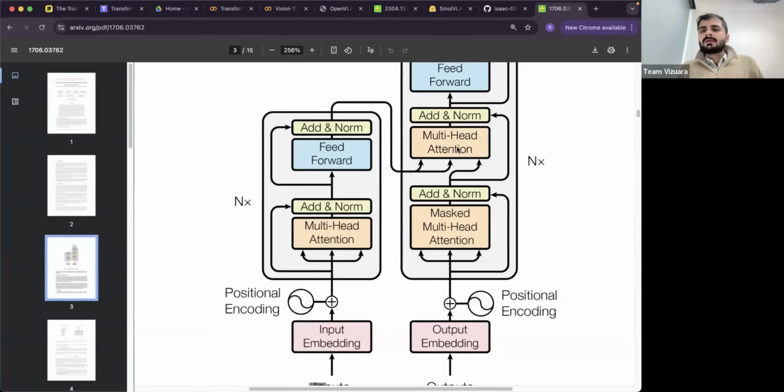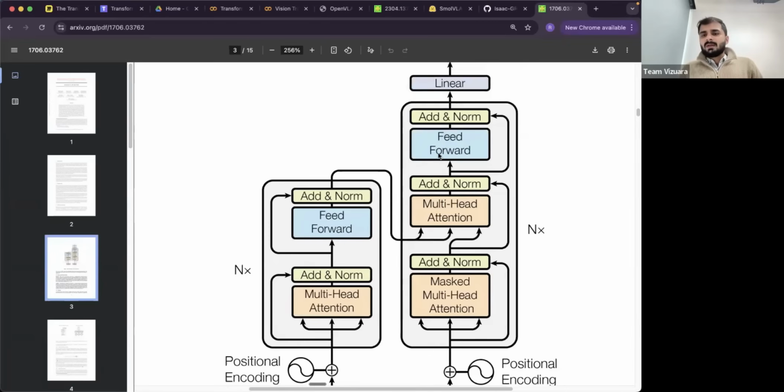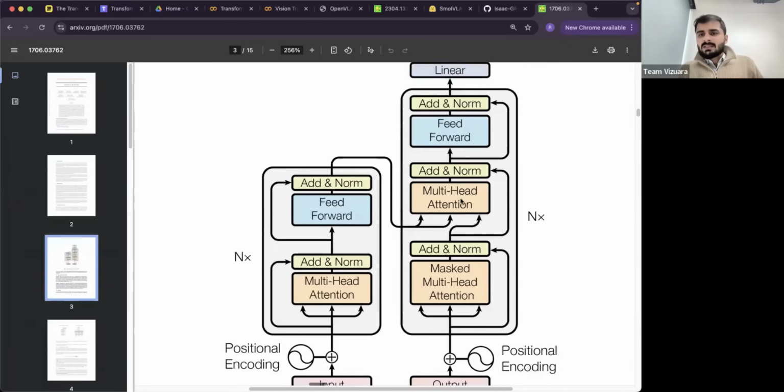Then we create another layer, which is called the cross attention layer, where the query is coming from the current token, but the keys and values are coming from the entire sequence in the encoder. And then we calculate again the context vector for this current token. We pass it through a feed forward layer. So most of the things are the same. The only thing which is different is that there is an additional cross attention layer added on the decoder side.